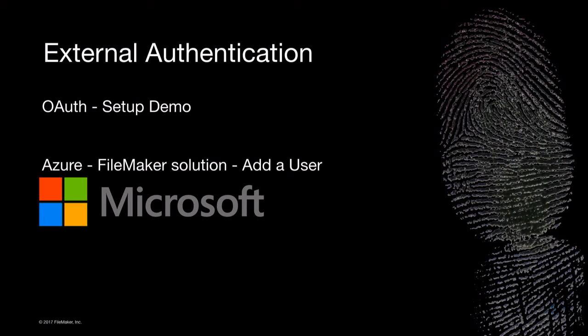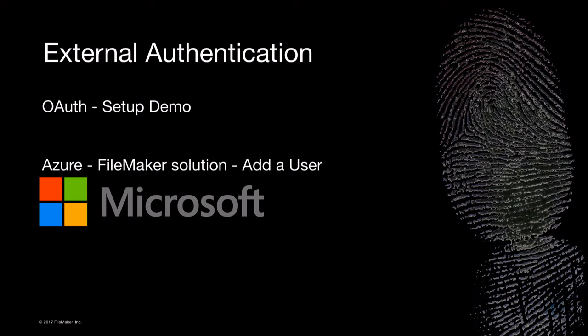One of the biggest differences, and I'm jumping ahead a little bit, between the Microsoft Azure implementation of OAuth for FileMaker and the one we have with Google and Amazon is that if you enable Amazon or Google, any Amazon account, any Google account will work. We don't have the concept of having to add users to something like Azure AD or a group.